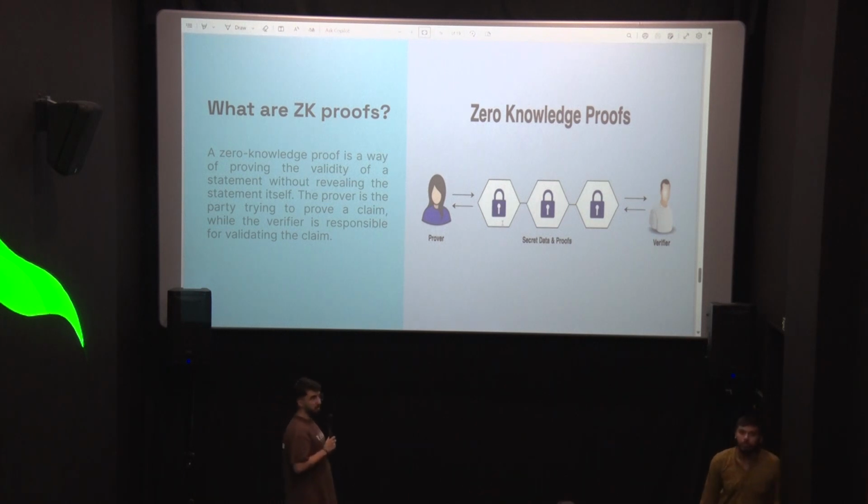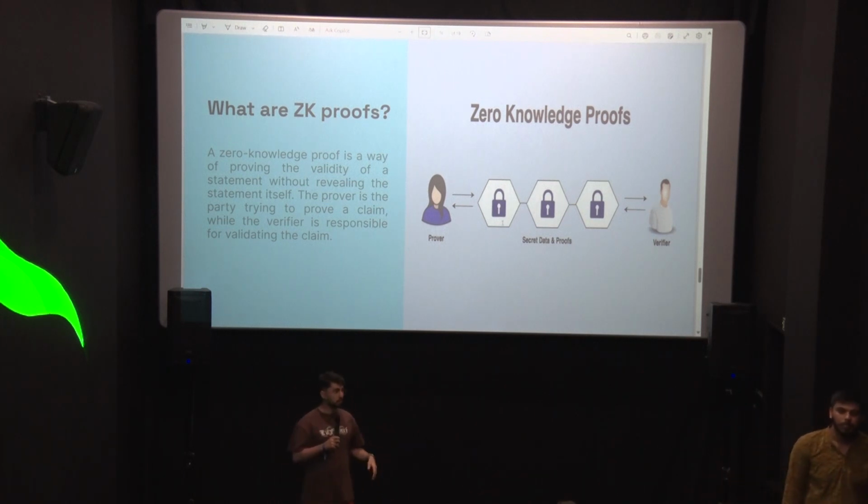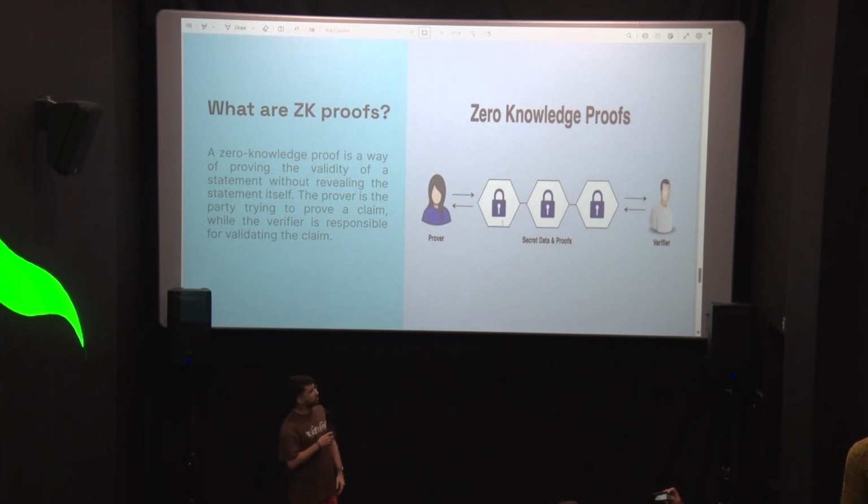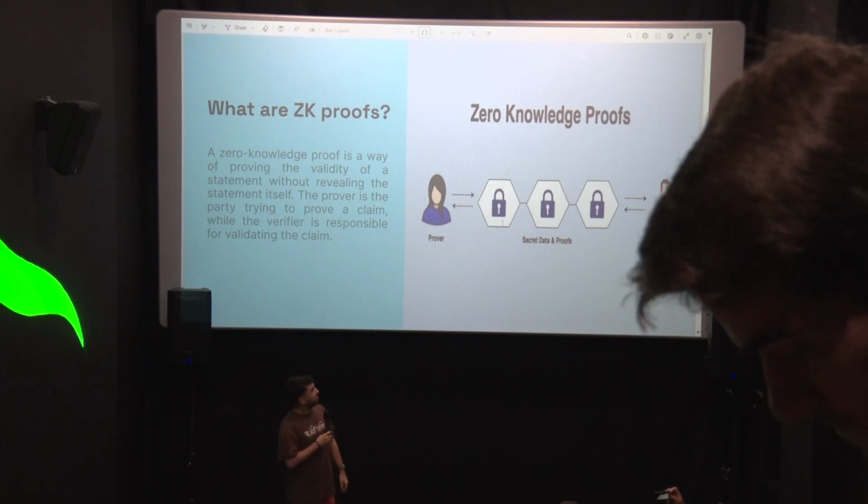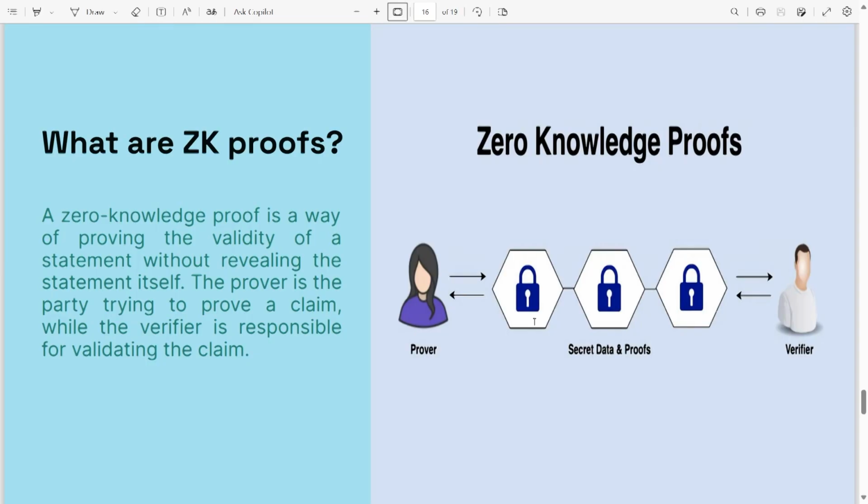They will just say, okay, I believe you. It's not believing, but you prove that you know the result of this equation, but they don't know your witness values, your secret values. So this is what we call ZK proofs.